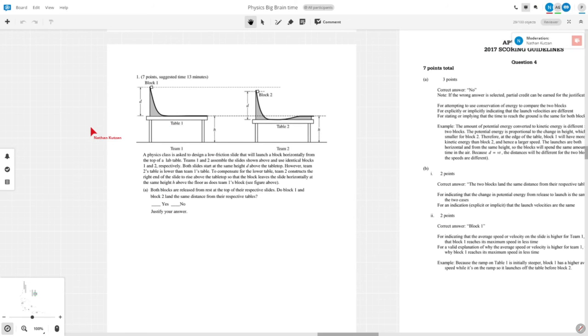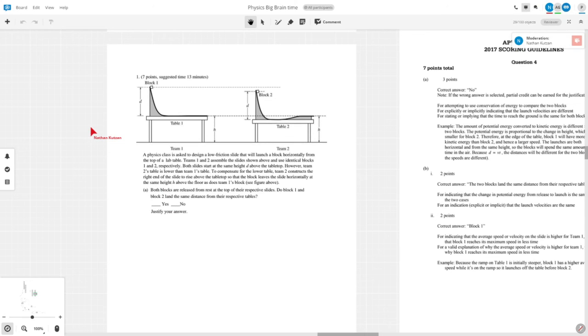The second block starts lower. So, do block 1 and block 2 land at the same distance from their respective tables? And the correct answer was no, they don't, which I think everyone got. A lot of people got it. Alan got it wrong.